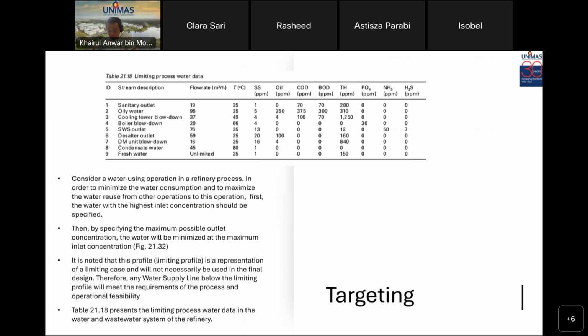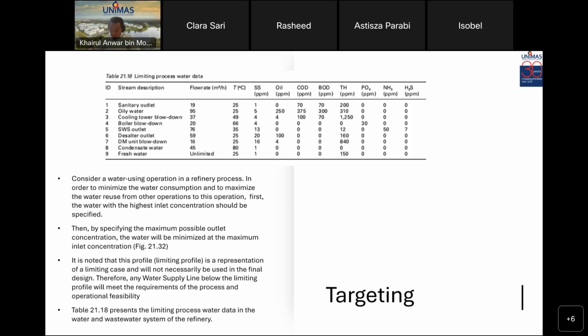In order to minimize the water consumption and to maximize the material reuse from other operations to this operation, first the water with the highest inlet concentration should be specified. Then by specifying the maximum possible outlet concentration, the water will be minimized at the maximum inlet concentration.